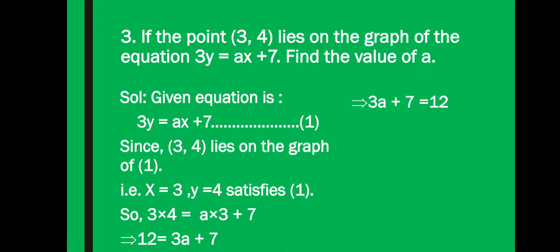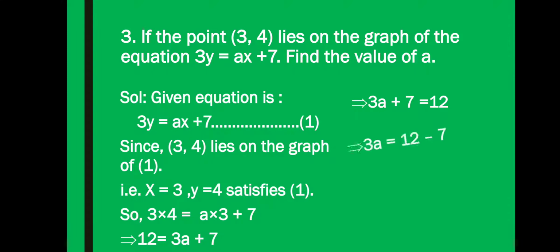From here, 3a plus 7 is equal to 12. We are just changing the sides. Left hand side becomes right hand side and right hand side becomes left hand side, so there is no change in sign.